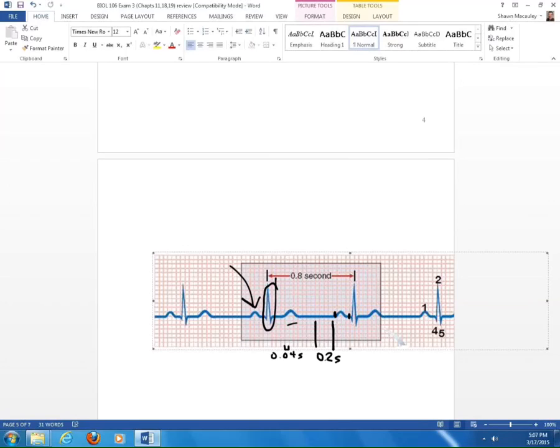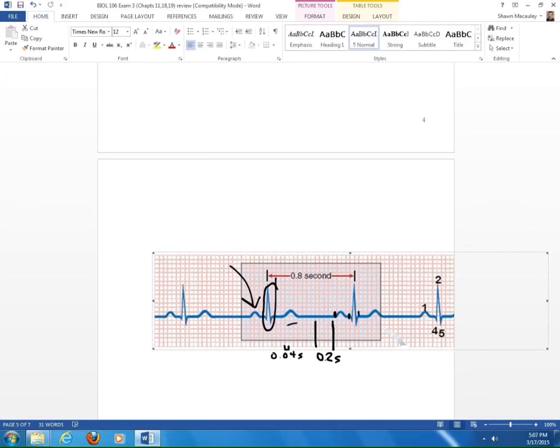So 0.12 to 0.20. How long should the QRS complex last? 0.06 to 0.12 seconds. What is that telling you? The time for the QRS to occur is when the heart is squeezing and contracting the ventricles.